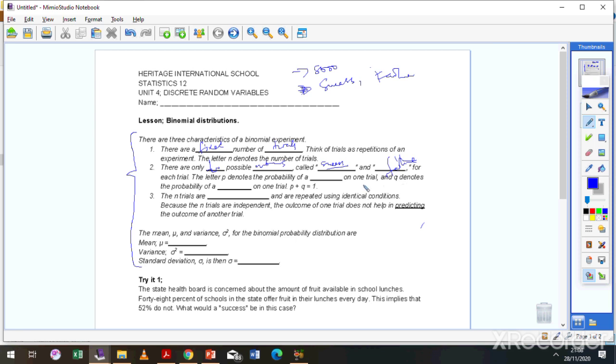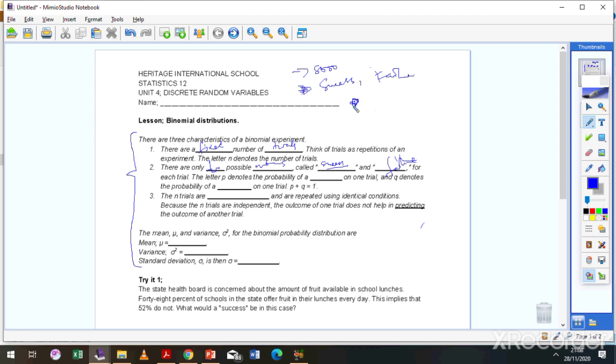These are some of the characteristics of a binomial experiment. If this doesn't make sense, think of another scenario where you are looking at the random variable of Shannon going to school out of 40 days in a year.